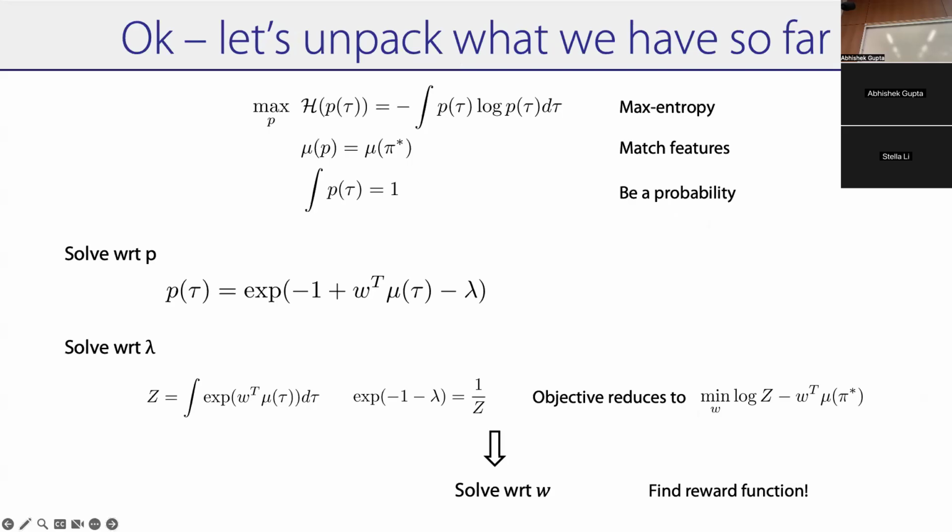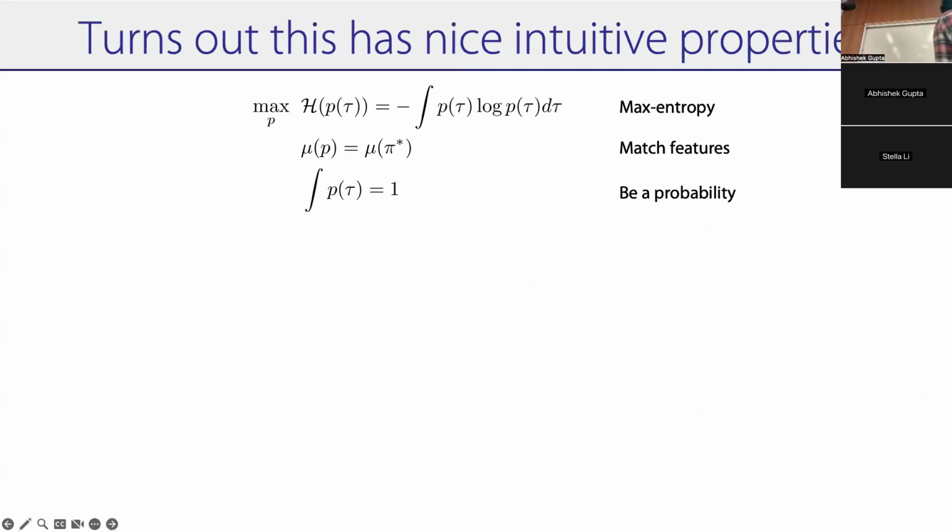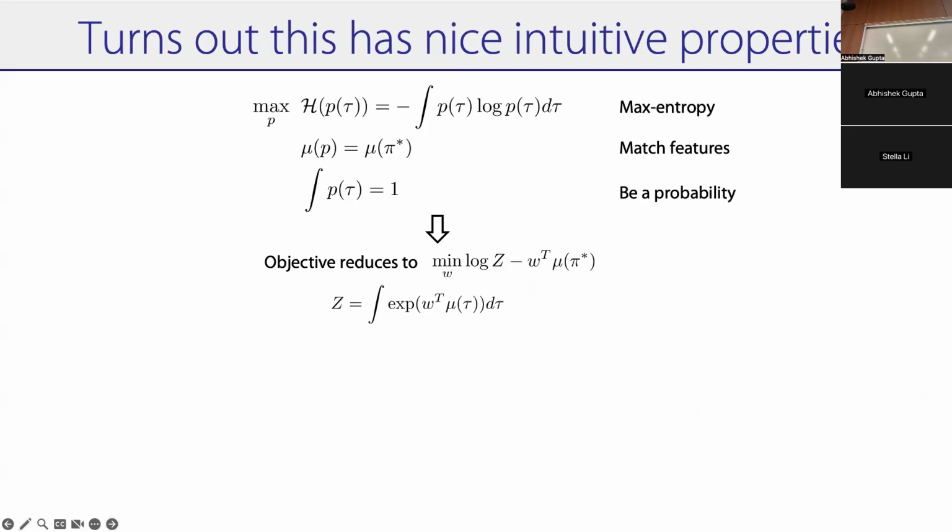And now we're just going to solve with respect to W. W is going to be the parameters of our reward function. We're going to solve with respect to W, and that's going to give us an IRL objective. We know that z is equal to the integral of x W transpose mu. And so this objective, the minimum of log z minus W transpose mu, you can actually show that it's equal to this objective.